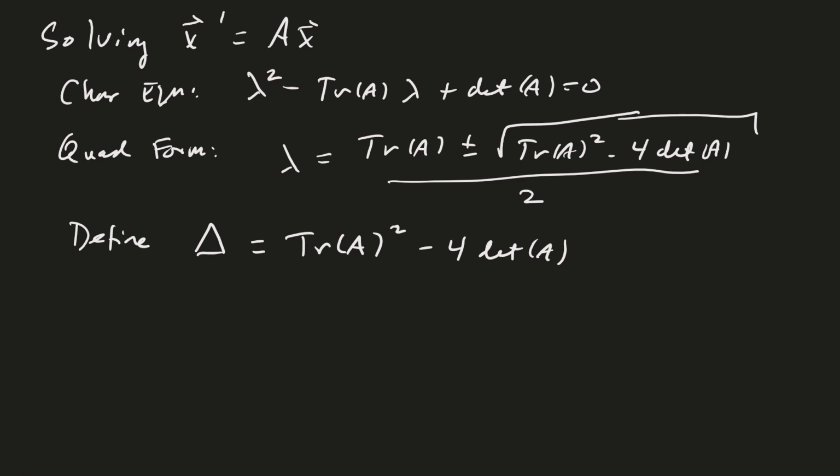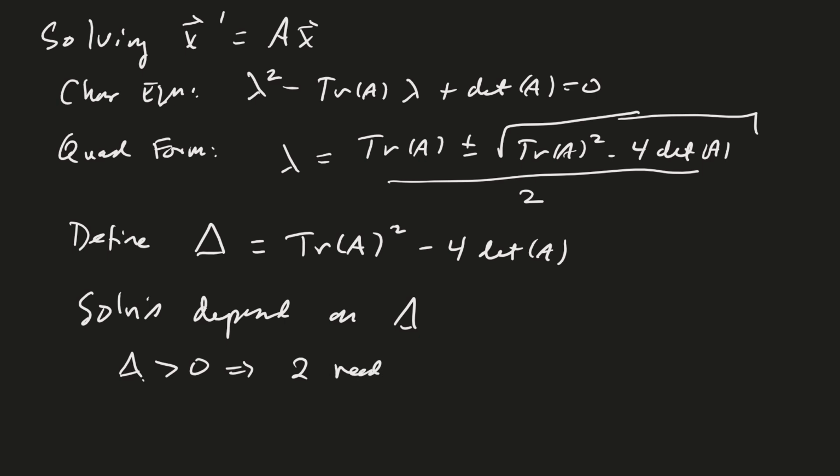Okay, and so the solutions depend on the discriminant, from our quadratic formula. Just to run through what that is: if delta is greater than 0, we get 2 real eigenvalues. If the discriminant equals 0, we have 1 double real eigenvalue.